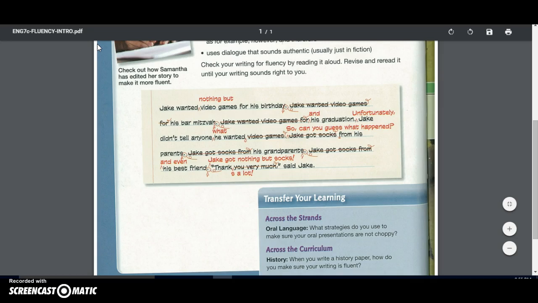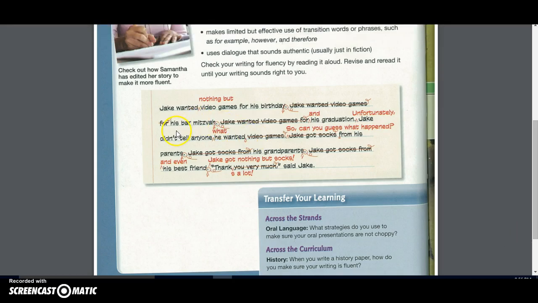In this particular paragraph, you see many different kinds of sentences. You see complex, compound, and simple sentences. For example, a compound sentence would be this one. From his parents, his grandparents, and even his best friend, Jake got nothing but socks. Okay? The complex sentence is the one that starts with the last part of a sentence.